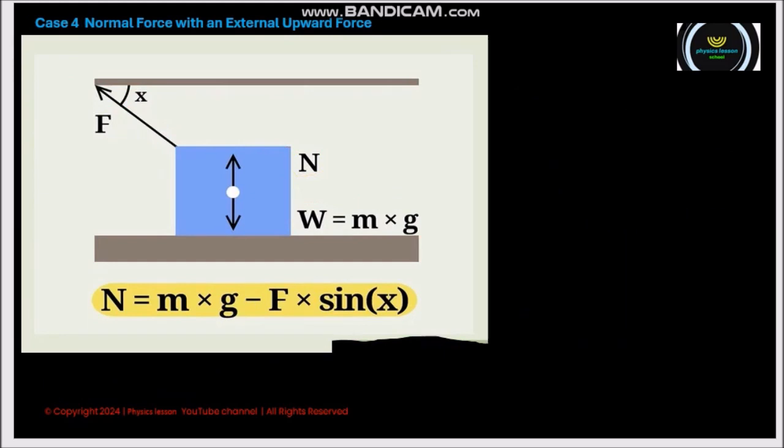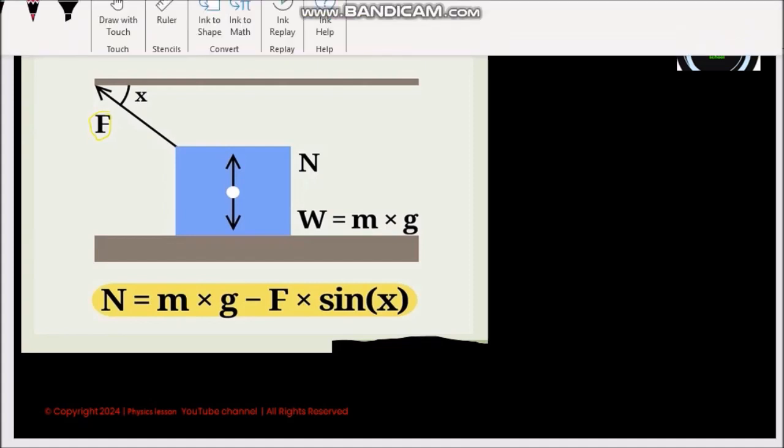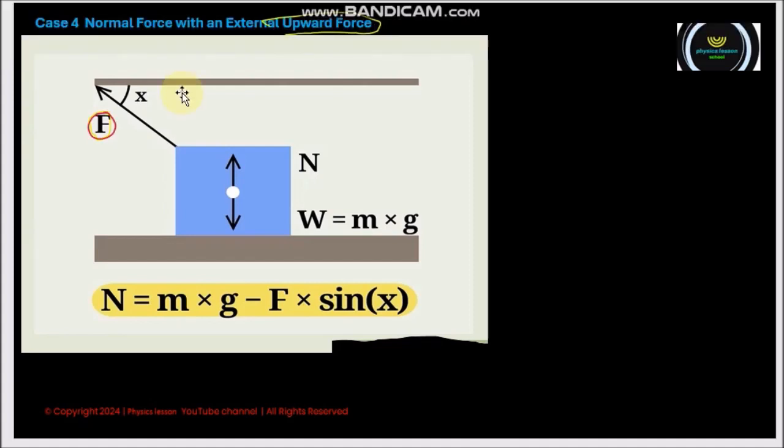Again, in this case we have the normal force with an external upward force. This force is upward. Now let's decompose it. We can decompose it like this.